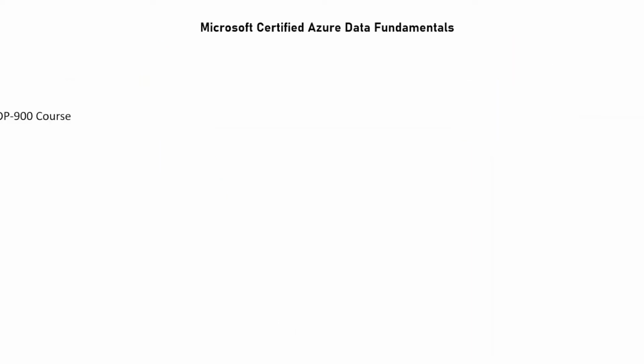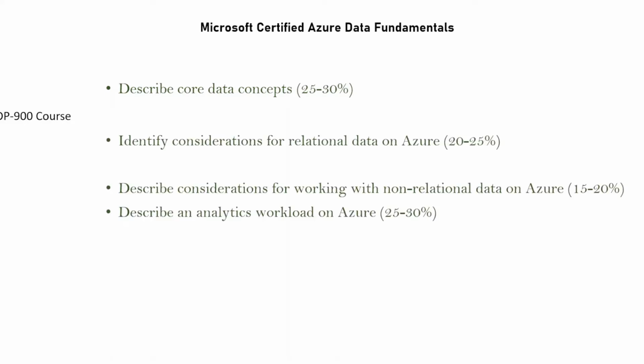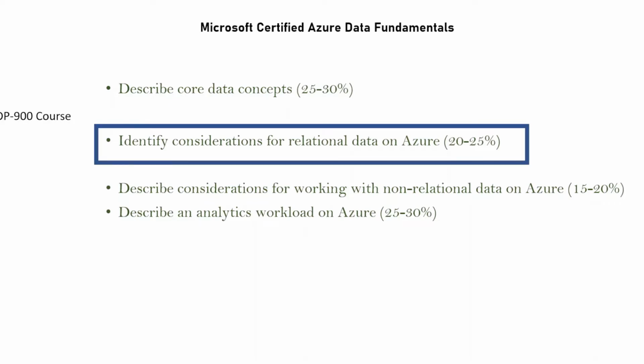So again I'm just quickly going through the overall syllabus. Describe core data concepts, which we covered in the part 1 video, and then the second part, which also has a weightage of 20 to 25% of questions, we are going to cover in this video. This video will not be longer than the previous one.